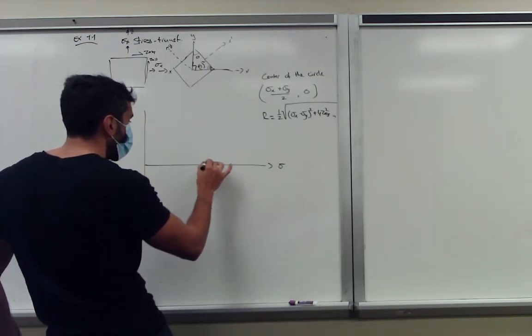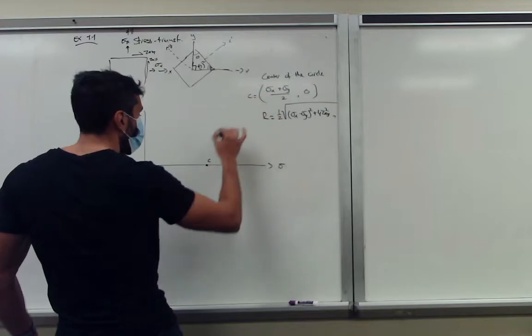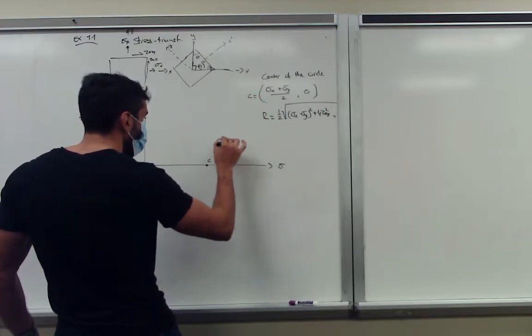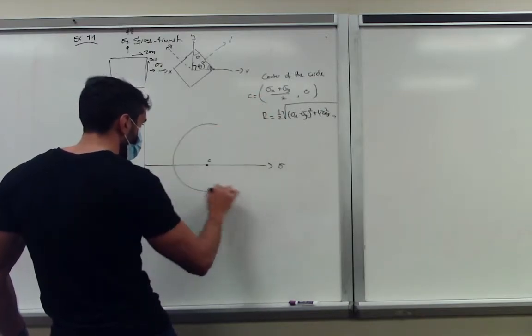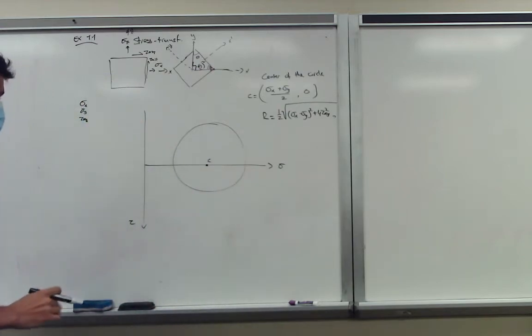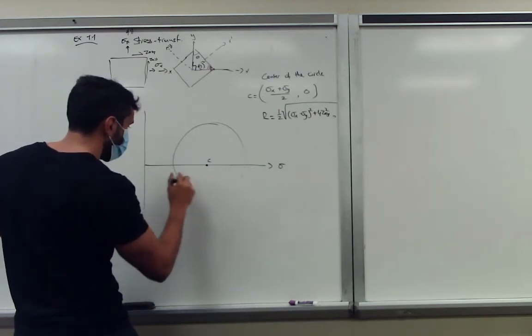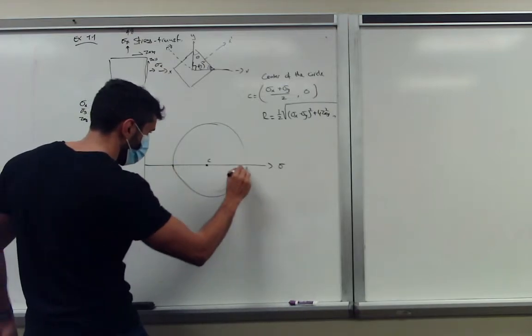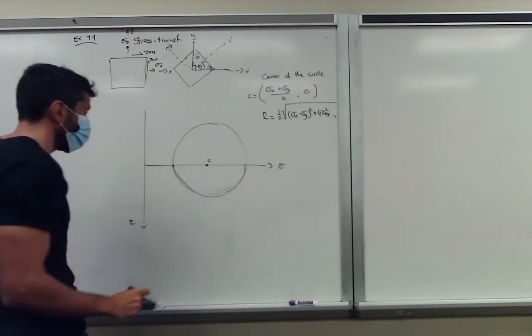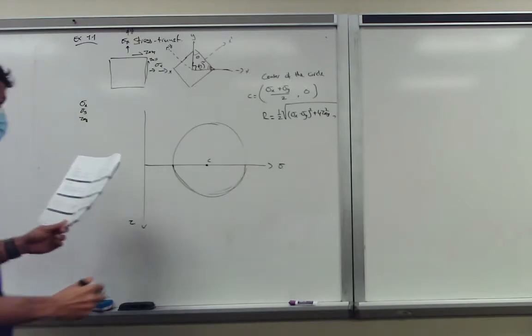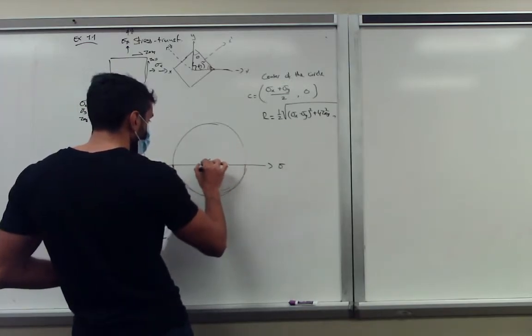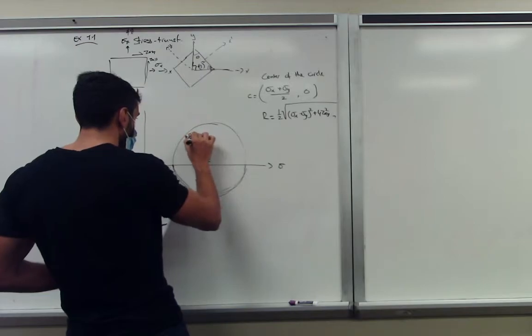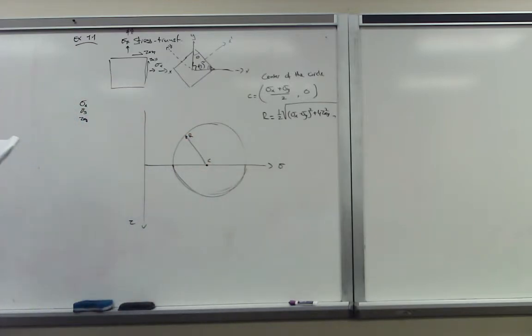We have our center, C, and it goes to point R. We have our circle with center C and, of course, radius R, and we can determine that.